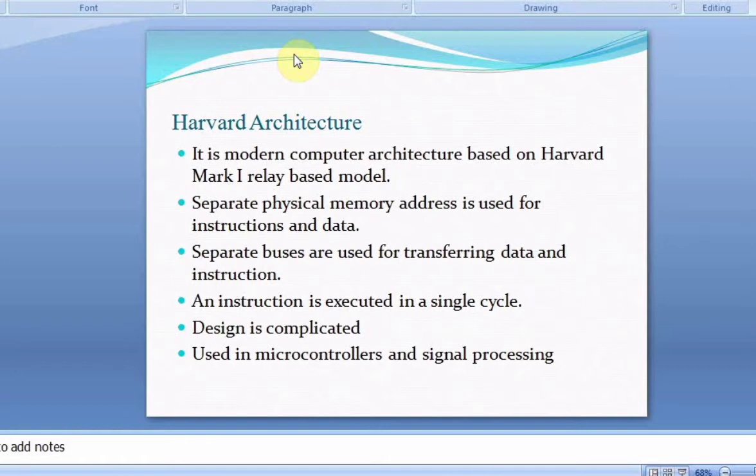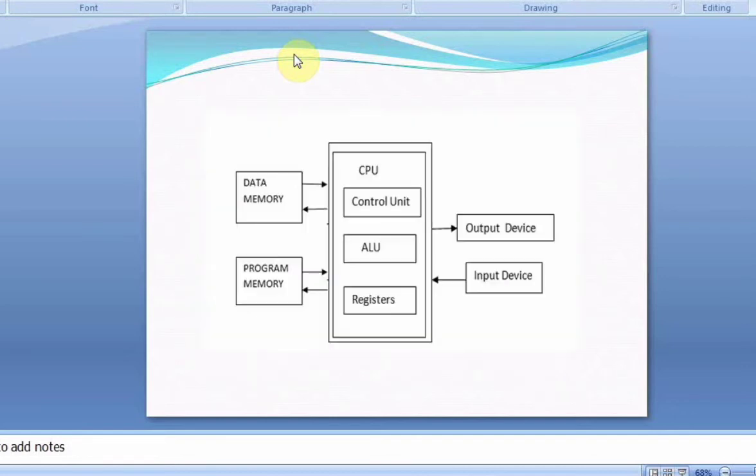Because they use separate memories and separate data bus and address bus, the design of this architecture becomes a little bit complicated. But as separate buses are used for transferring the data and the instruction, it gets executed in only a single cycle.